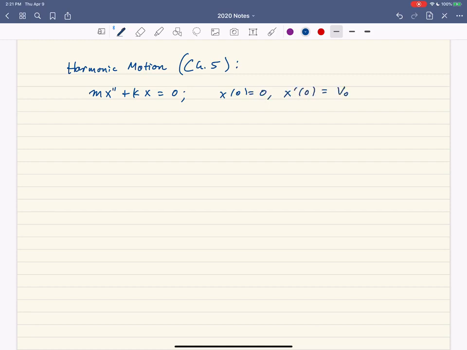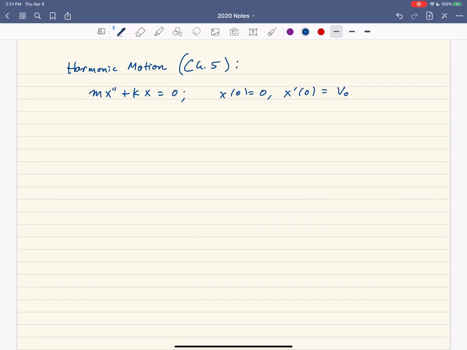Remember, m is the mass of some object, k is a constant depending on the system, and we wanted to come up with a closed form solution for x. We can do this very easily because this is a second degree linear homogeneous differential equation with constant coefficients, but what I want to do instead is to do this with the Laplace transform method, and I'll explain why we want to do this.